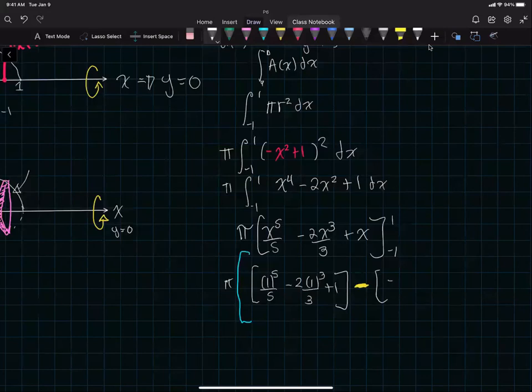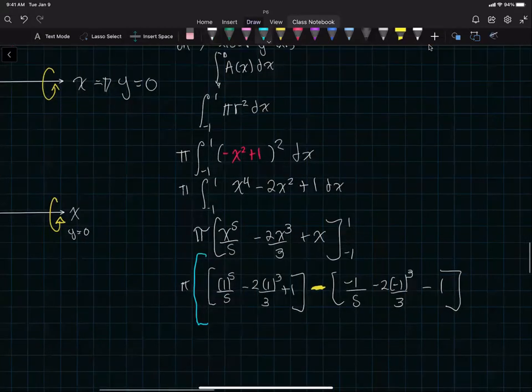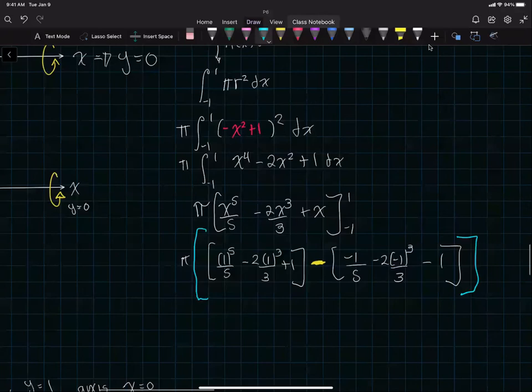And then this is going to be minus 1 over 5 minus 2 times negative 1 cubed over 3 minus 1. And then finally close this. Any questions so far? Okay.